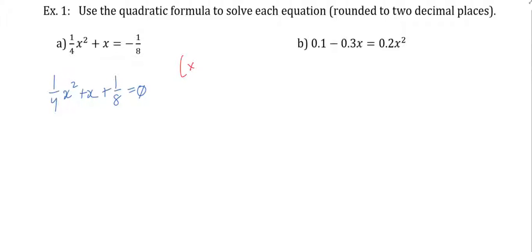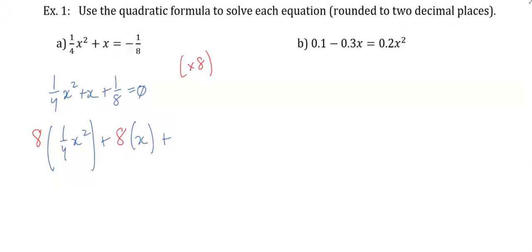So I'm going to write that out over here. I'm going to multiply by 8, and I'm going to show it in red just so it highlights where the 8s go. Oops, I missed one.